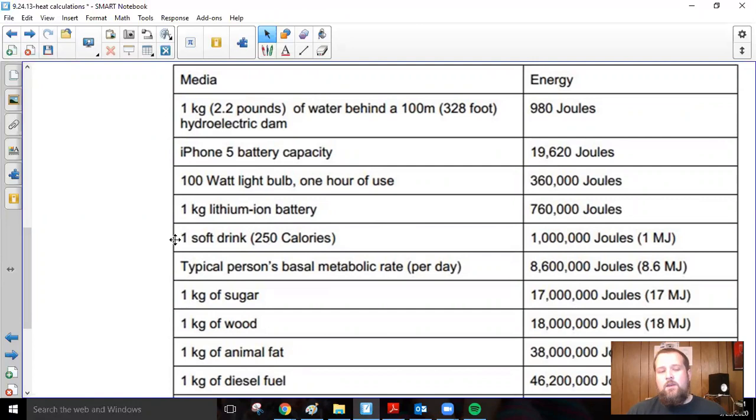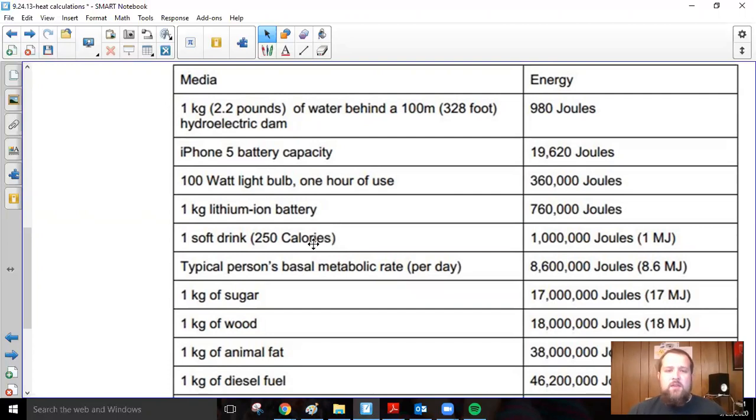And this table here shows that joules are a lot smaller than calories. Like, a can of soda might have 250 calories, and that's the equivalent of 1 million joules. Now, to be fair, the calories in that drink are technically kilocalories, and there's 1,000 calories per Calorie that they list on the bottle.